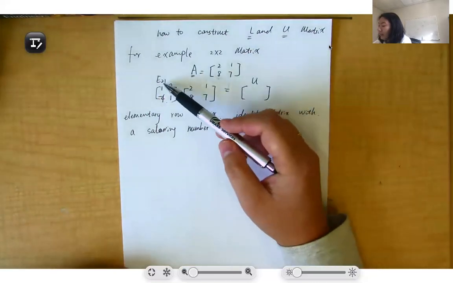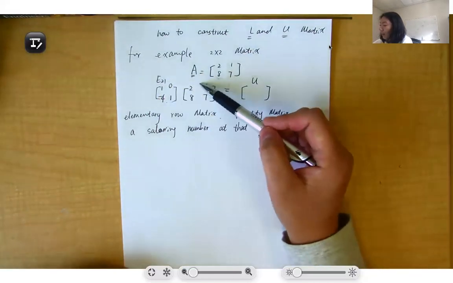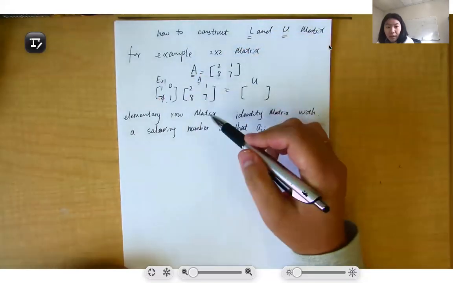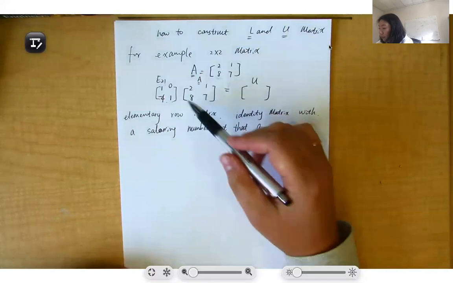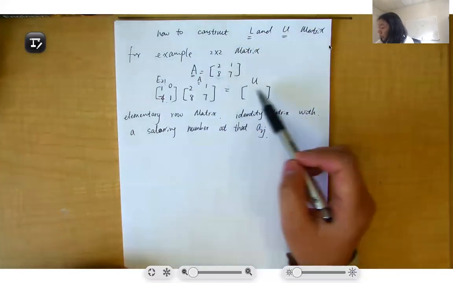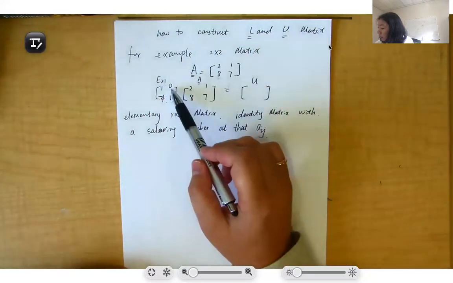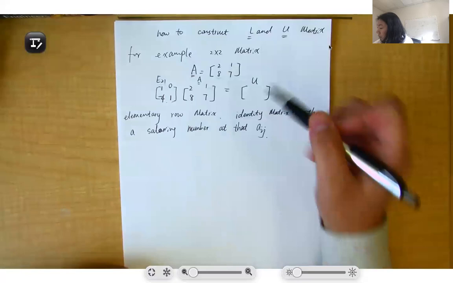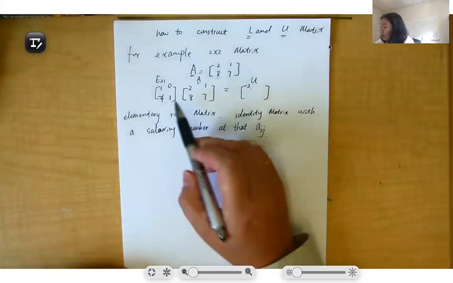Then you use this E21 times our A, and check if we can convert A to an upper triangular matrix. Let's see what U11 is here. It will be 1 times 2 plus 0 times 8, which is 2.